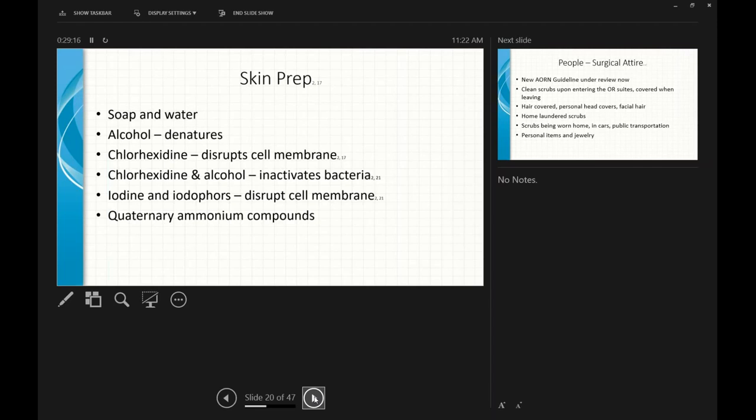Chlorhexidine disrupts the cell membrane. Chlorhexidine and alcohol inactivates the bacteria, and iodine and iodophors disrupt the cell membrane. And then there are still the quaternary ammonium compounds.